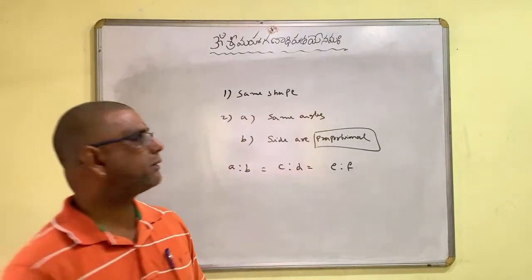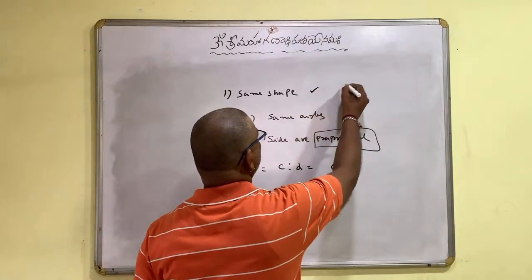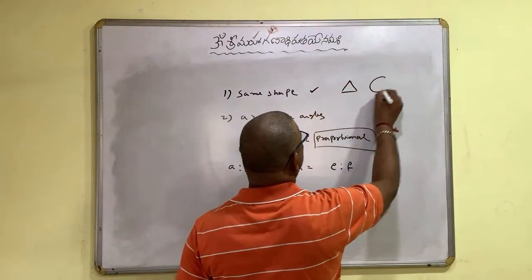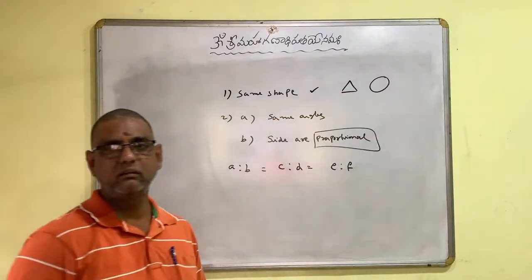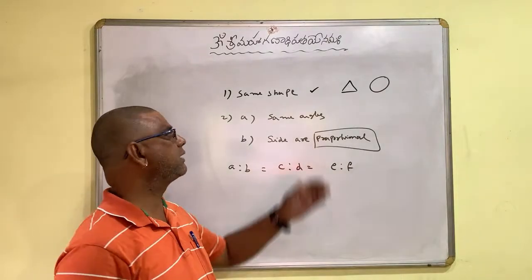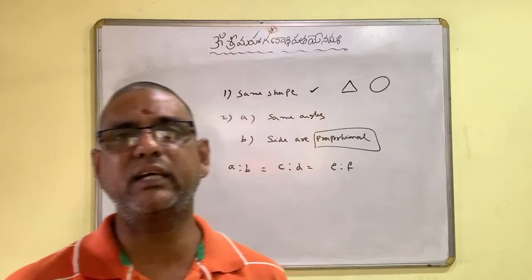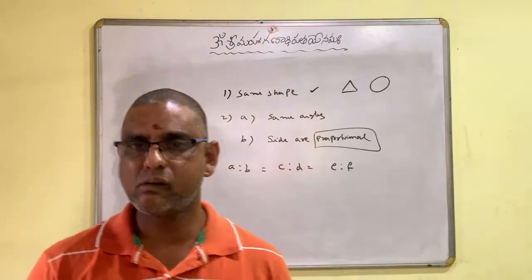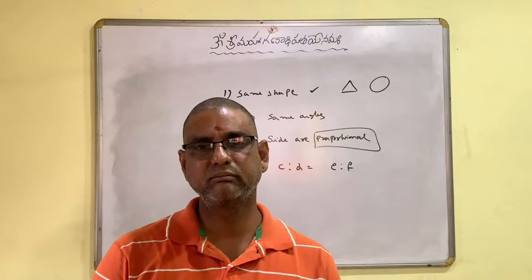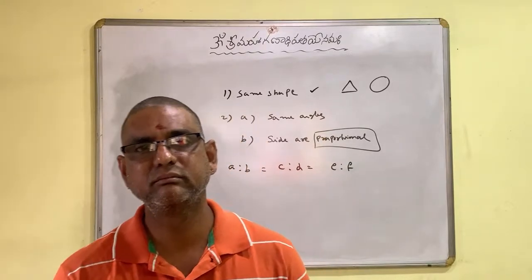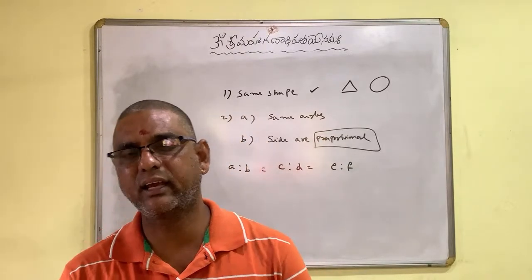So if we understand shape once, suppose if I consider a triangle and a circle, can I compare the similarity between these two? Can I say a triangle and a circle are similar to each other? Can I say like that?